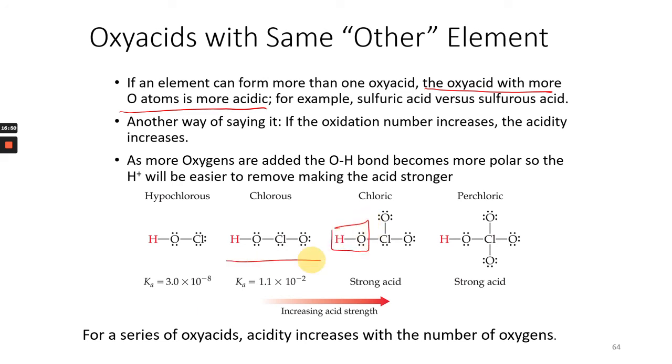So as you're going across here, your OH bond is more polar. So it is easier to break. If it's easier to break, you could donate this hydrogen, making it more acidic.